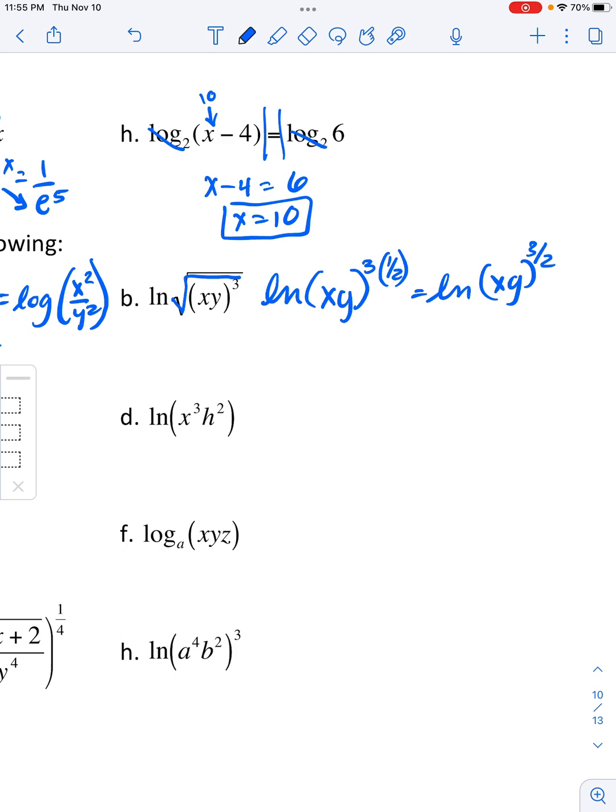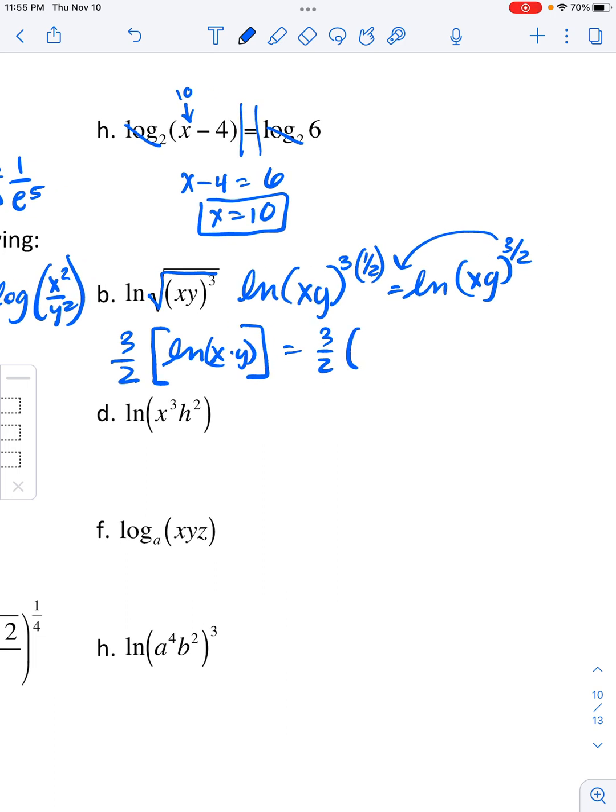So when I drop that 3/2, well, I can drop it down in front. There's two ways to do this, so I'm working my way through which way is probably better. I would probably move this down in front, and then that's going to be in front of ln x times y. And then those separate by addition because they're together with multiplication.